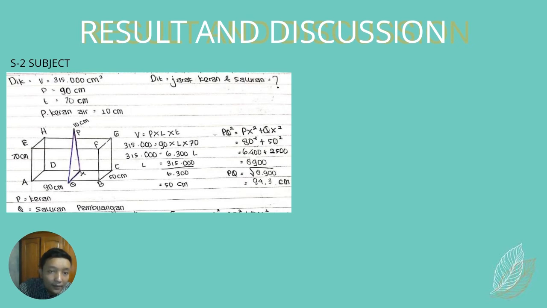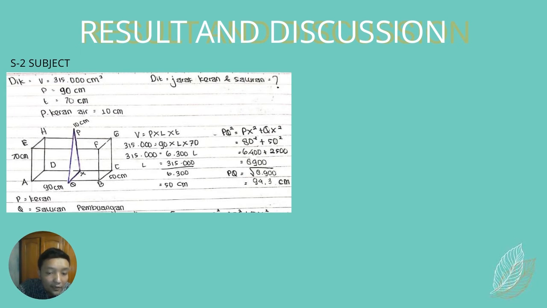Next, result of subject S2. Figure 3 is the result of the work of subject S2. From Figure 3, it can be seen that subject S2 is able to identify what is known and identify what to look for.